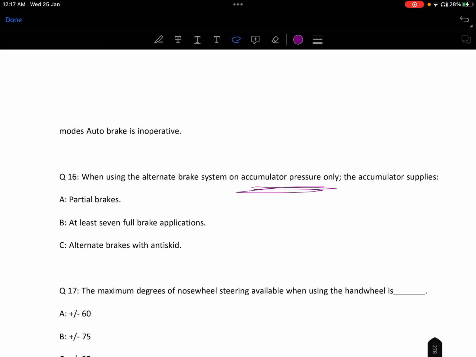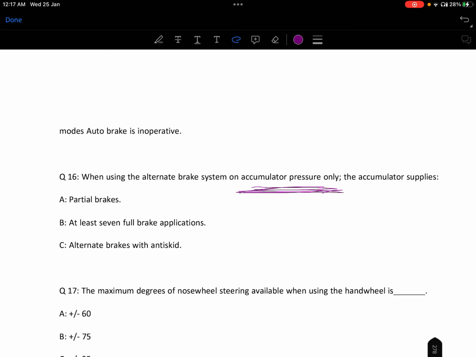Again, if you have watched the landing gear video, it will be easy for you. So we have accumulators before the systems. Those accumulators have some pressure in them.